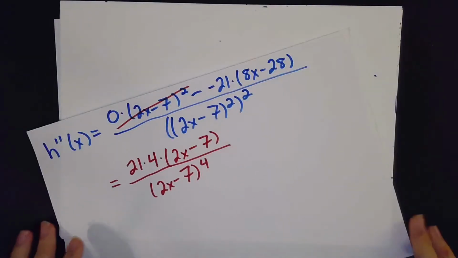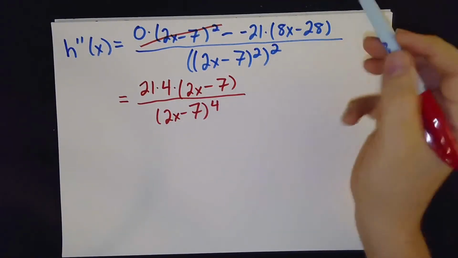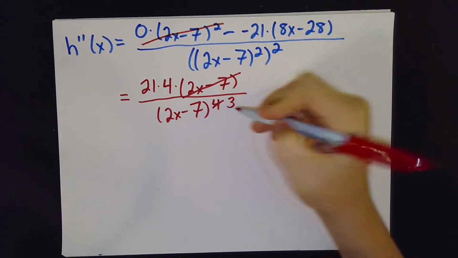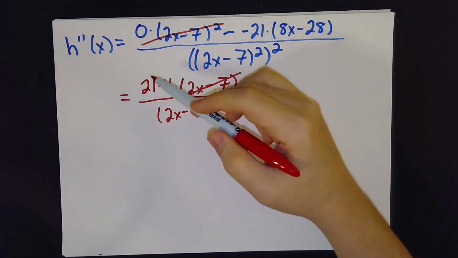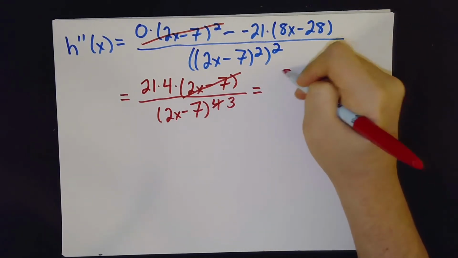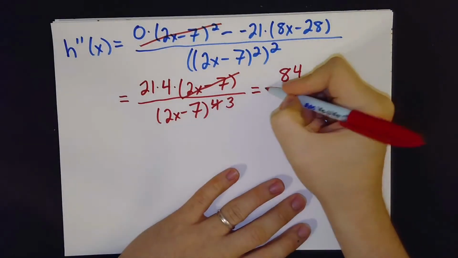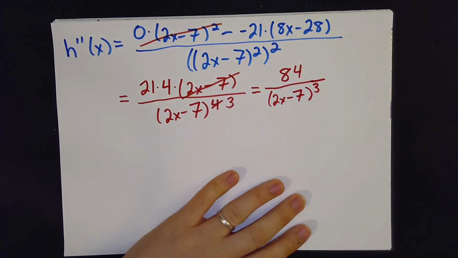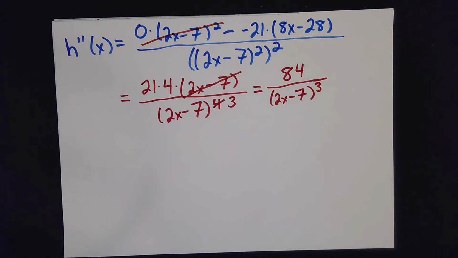But actually, if you look closely now, there's a 2x minus 7 in the numerator and 4 of them in the denominator, so I can cancel one of them. And be left with 21 times 4 over just that denominator cubed instead. And so this will be 84 over (2x minus 7) cubed. So that is our second derivative, all simplified.